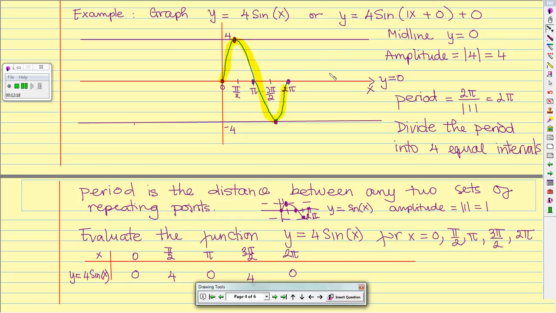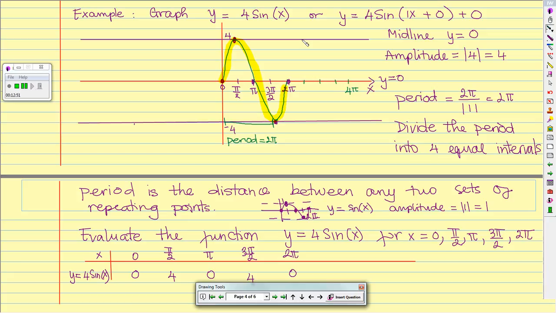And if you want to repeat this set of 5 points again, you just divide into 4. 1, 2, 3, 4. So 2 pi plus another 2 pi is 4 pi. And so again, the period will be 2 pi, the distance for the set of 5 points.